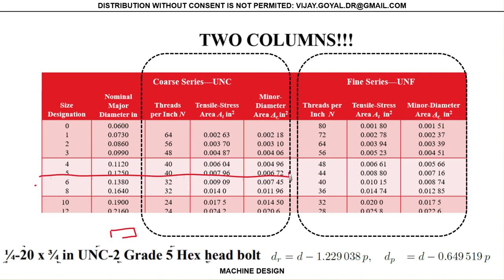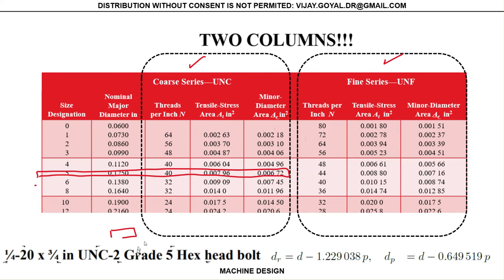I want to point out that this table is in your textbook. If you use this table in your textbook, you're going to see that you have two series: one is the coarse series, the other one is the fine series. Depending on the size that you are, it's going to give you different values.